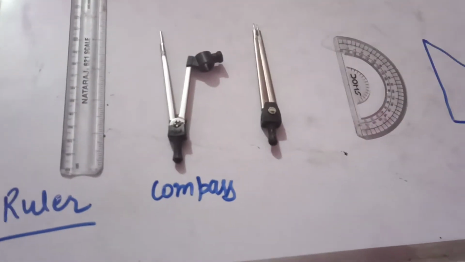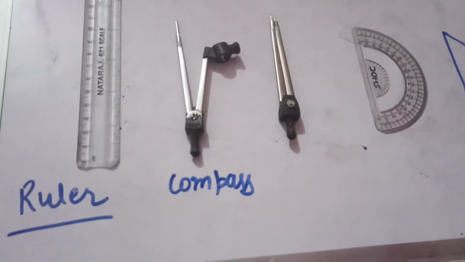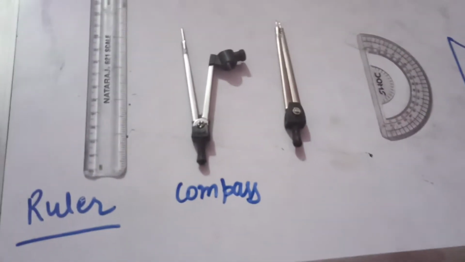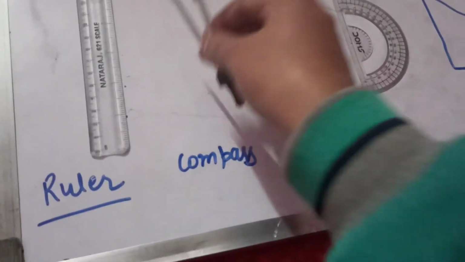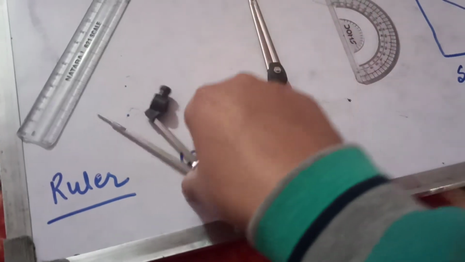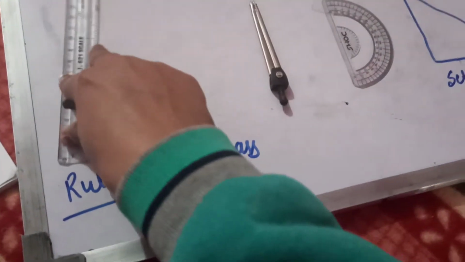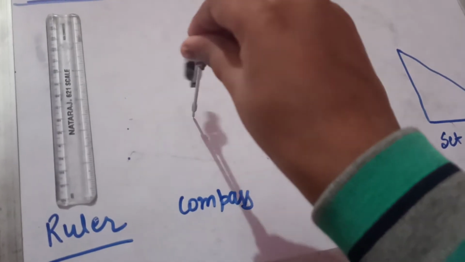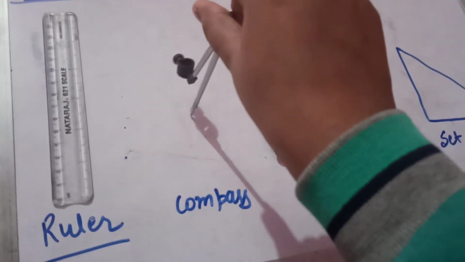Now, where is it used? A compass is used to draw circles and arcs. See, this tip we put at a point, and this will rotate.